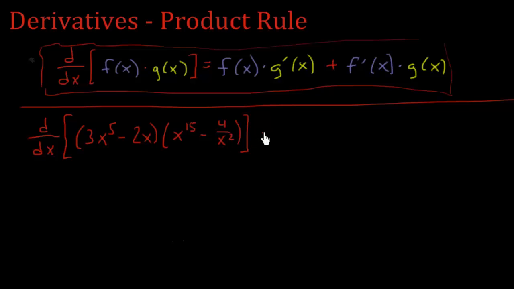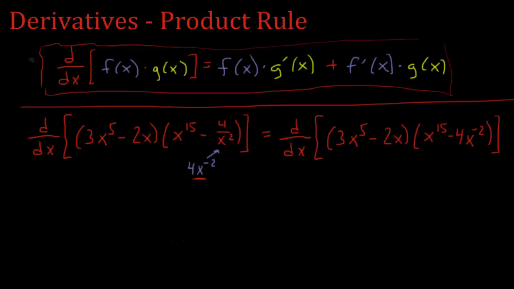You probably learned in the last video that the functions have to be written in the right form before taking the derivative of each piece. So 4 over x squared needs to be rewritten as 4x to the negative 2, otherwise you can't do the power rule with it. Let me rewrite this part with 4 over x squared written like this.